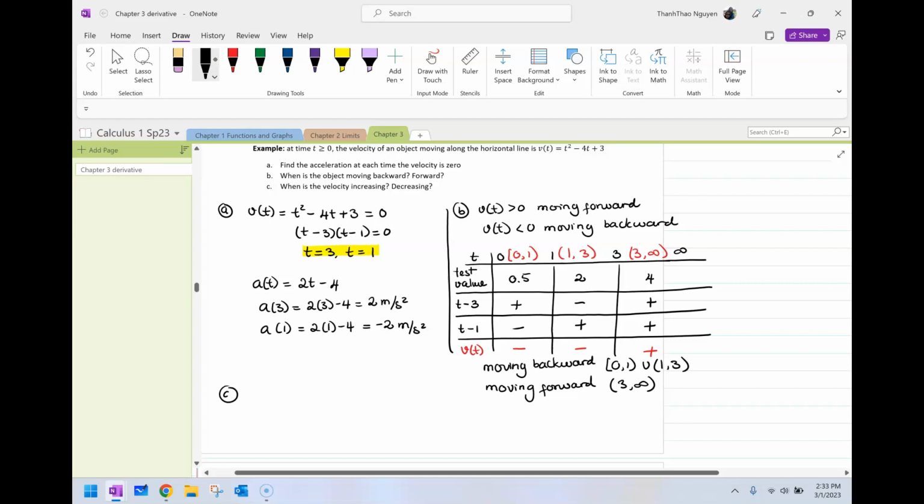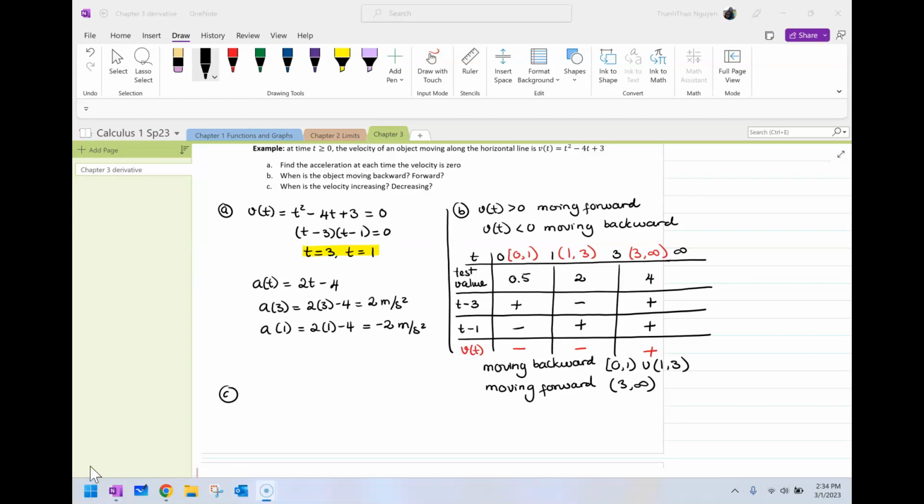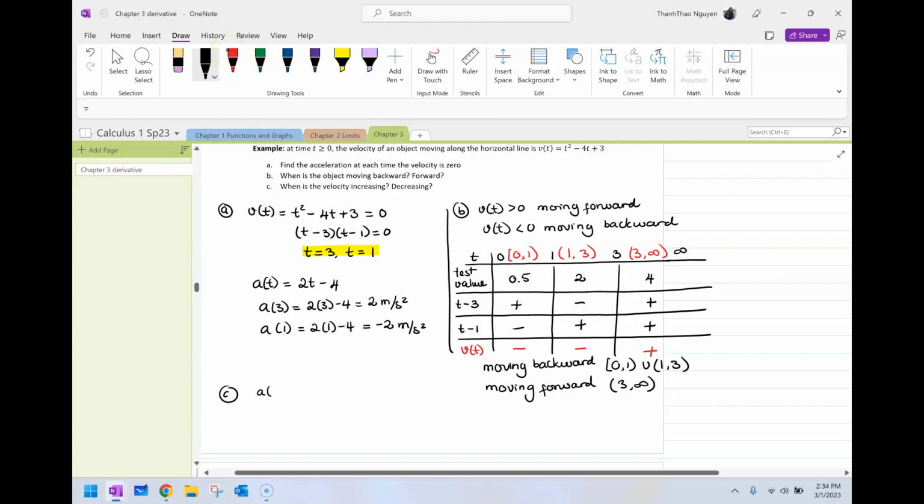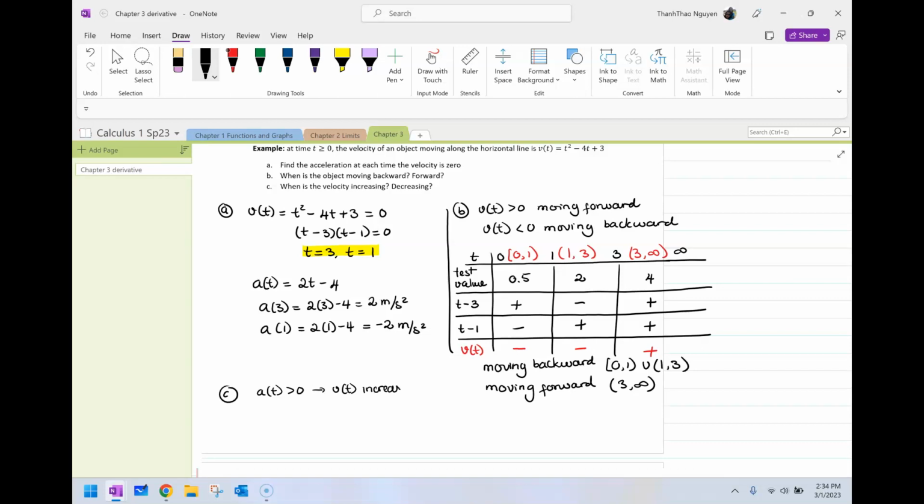When is the velocity increasing and decreasing? If you remember the first derivative test, if the first derivative is greater than 0, then the function is increasing, and if the first derivative is less than 0, then the function is decreasing. So this is the case. If a of t is greater than 0, then v of t will be increasing. If a of t is less than 0, then v of t is decreasing.